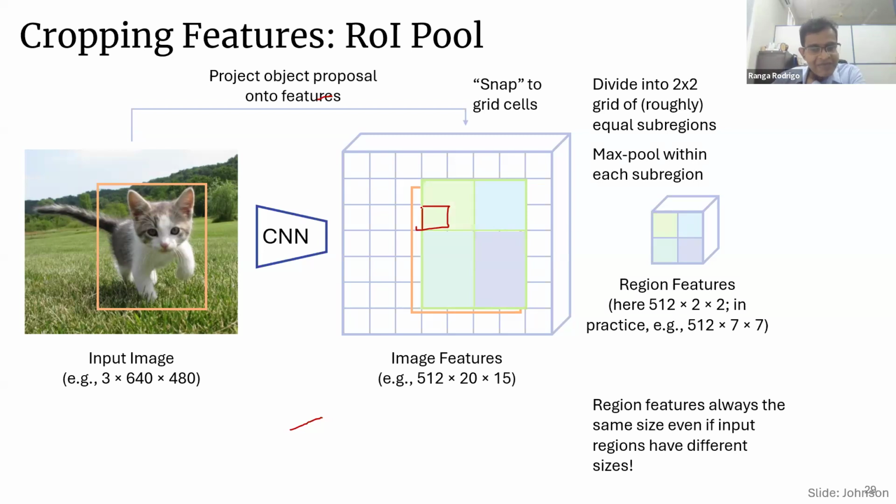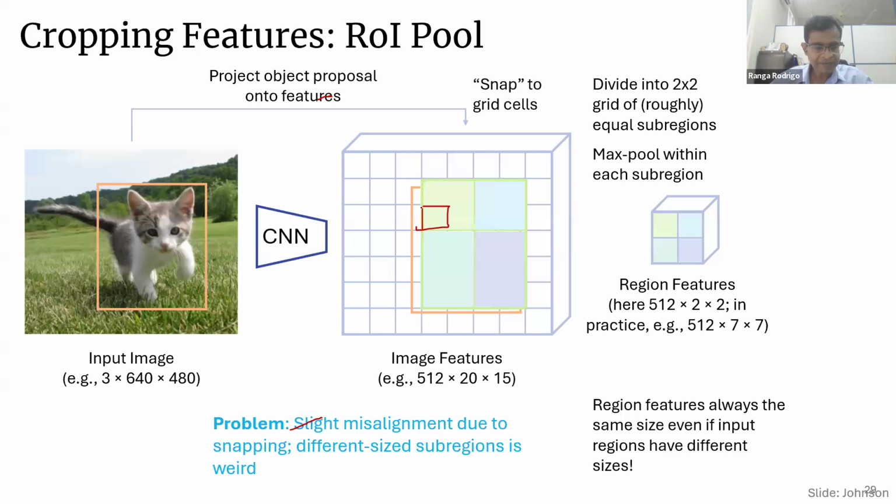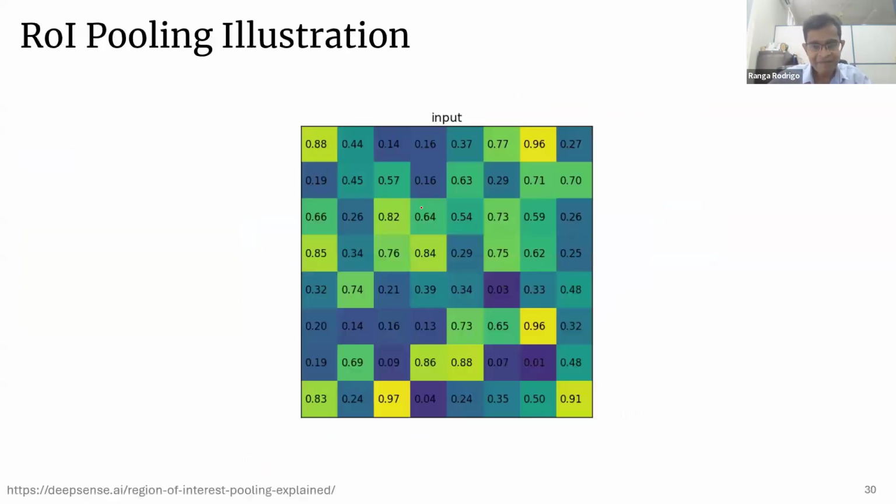Region features are always the same size, even if input regions have different sizes. So this is an advantage in this case. But it has other problems also. A slight misalignment due to snapping, and different size subregions is weird. So those two problems are there.